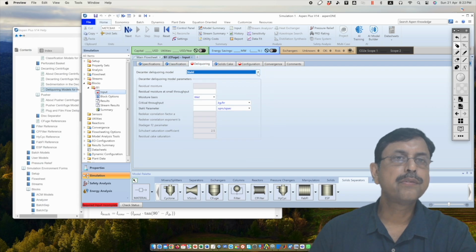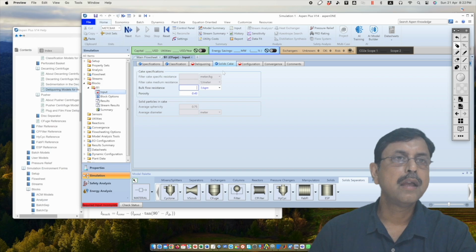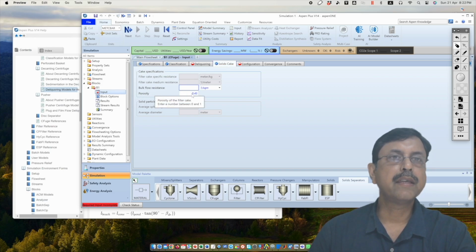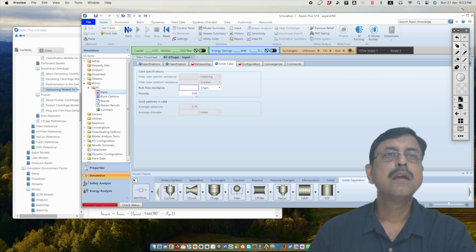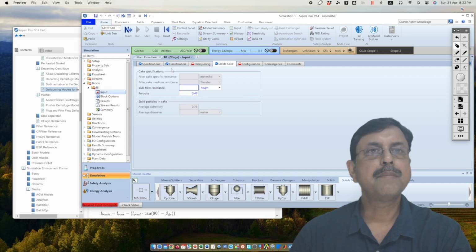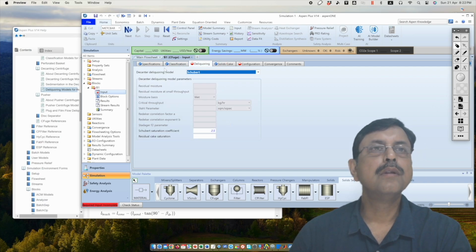So if you use Schubert model, you will see the saturation coefficient you have to provide, and here is the cake porosity. Okay, you have to specify cake porosity. The default value is 0.45, but you can provide your own.